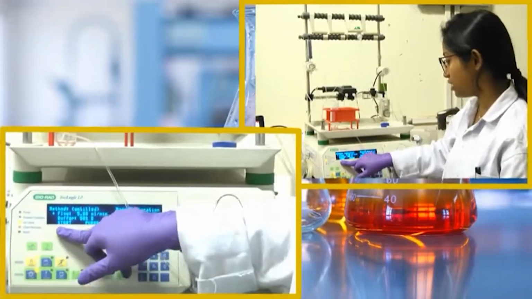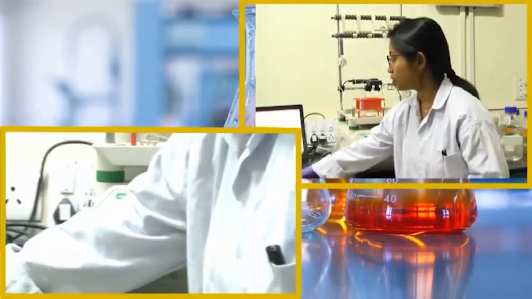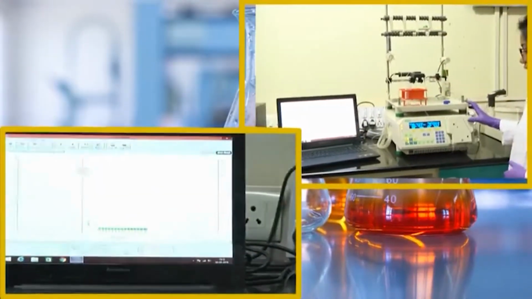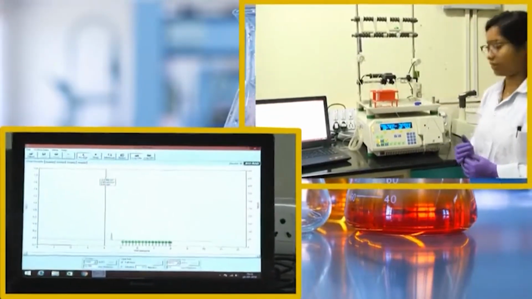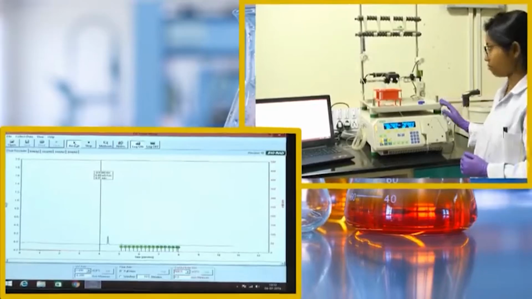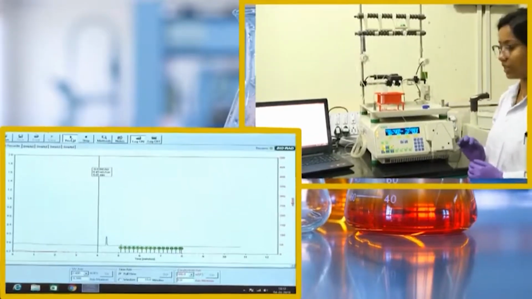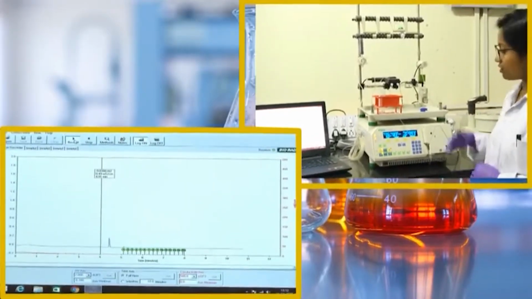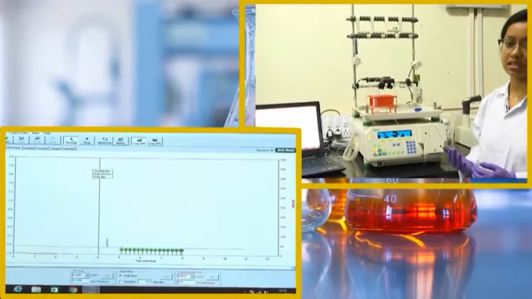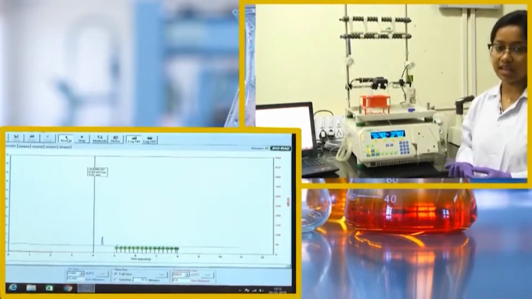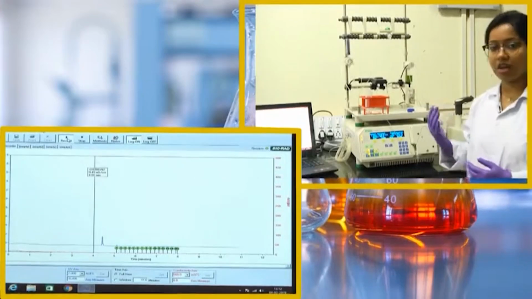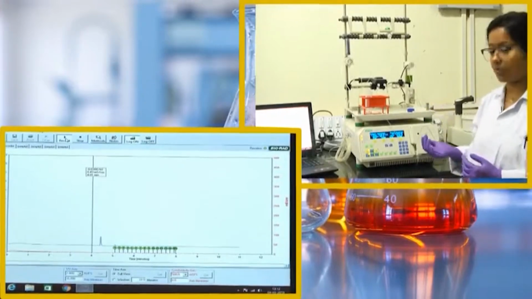Now, we will start running buffer A again through all the columns, and when the blue and the red line become stable, we will know that buffer A has been passed through this column and it is equilibrated. As I have mentioned, buffer A has higher salt solution. So, the red line will shift because the conductivity will increase, and by that we can measure if buffer A has been passed or not.